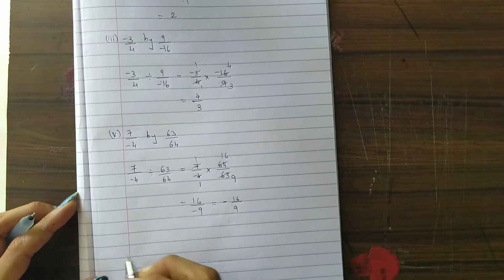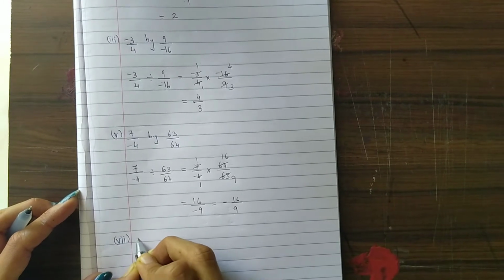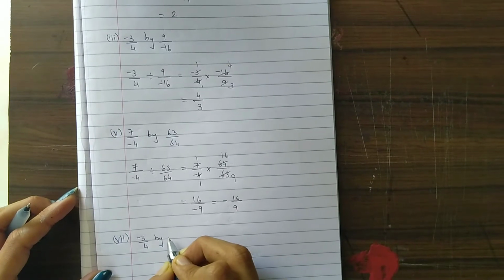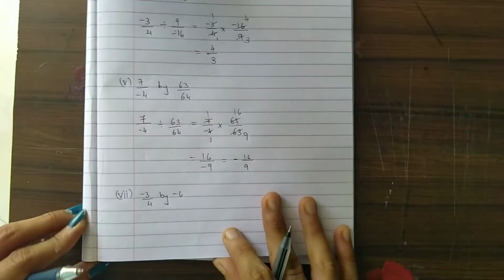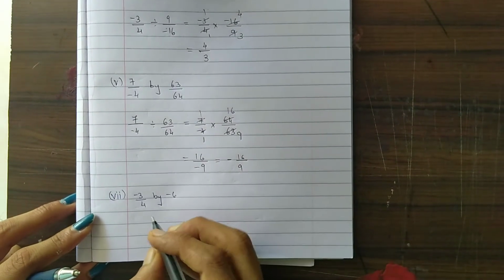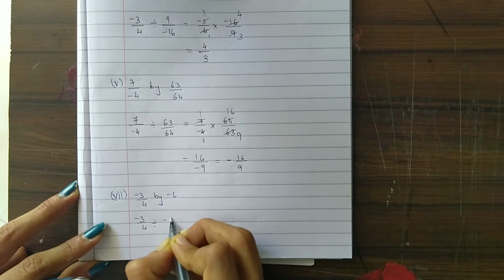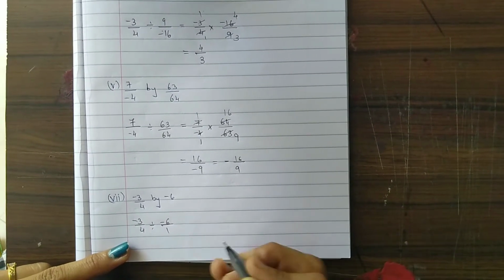Now another one, the seventh one, minus 3 upon 4 by minus 6. So minus 3 upon 4 divided by minus 6. Here nothing is there in the denominator, so I can write 1.